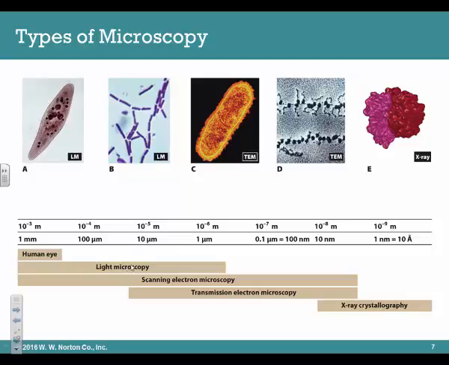Certainly bacteria we can use light microscopy for, because the lenses, especially for a compound microscope where you're using 2 lenses to get a greater magnification, we can easily see bacteria and yeast and other unicellular microorganisms.